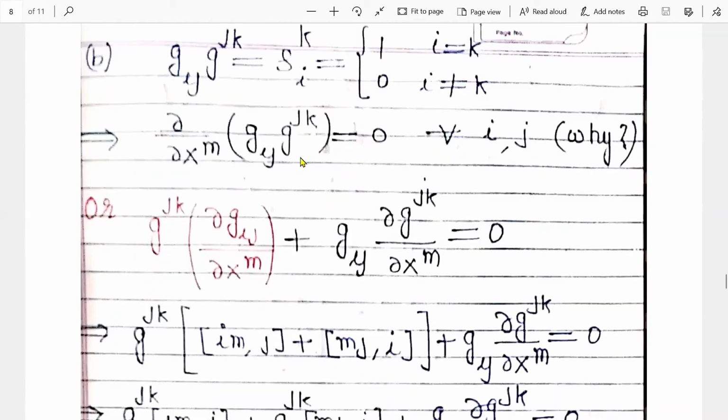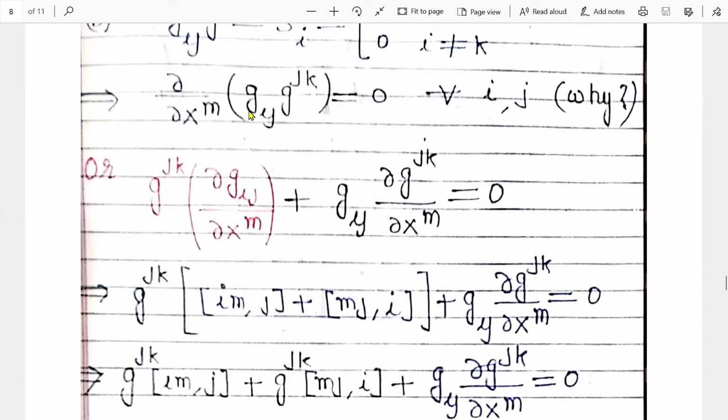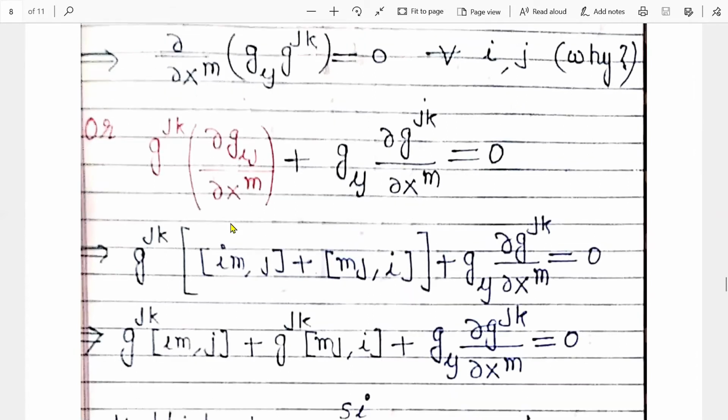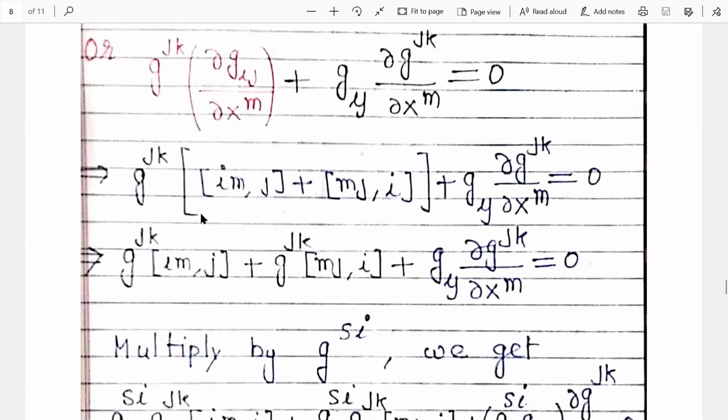Now, again differentiate. This is g^jk. So first we differentiate this term. Second, we differentiate this term. Clear? So we get these values. Now substitute the value of this equation. Right? This will be [im,j], then [jm,i]. These values. Now g^jk multiplied by this, g^jk multiplied by this. Right?